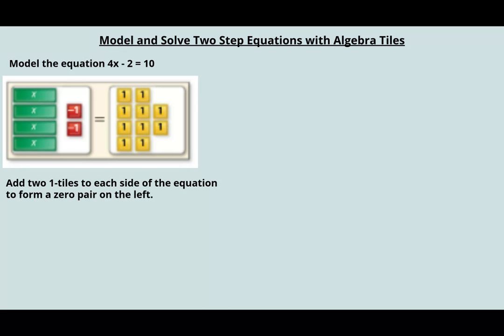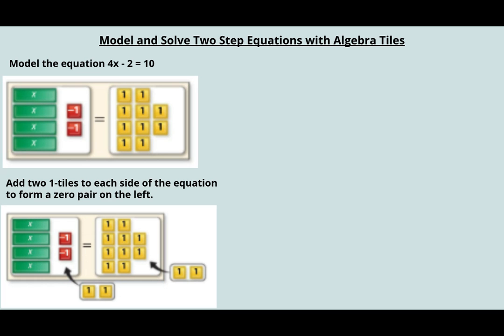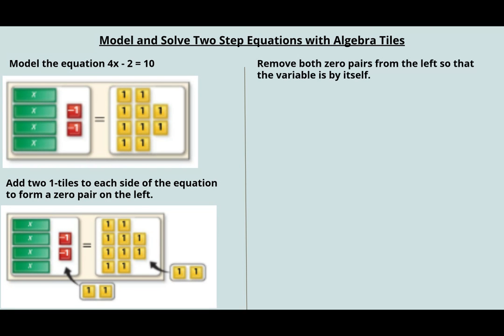Whatever you do on one side of the equation, you have to do on the other side. So I'm going to add 2 positives to make those 2 negatives go away, but I also have to add 2 positives to the right side, because whatever you do on one side of the equation, you must do to the other.